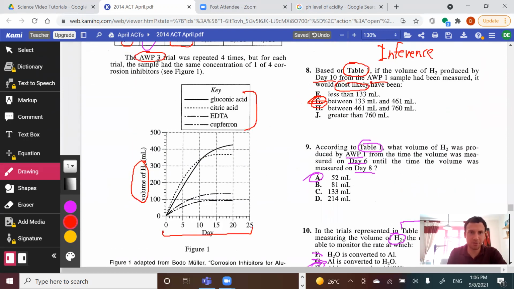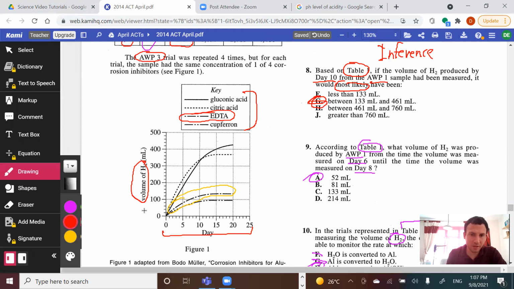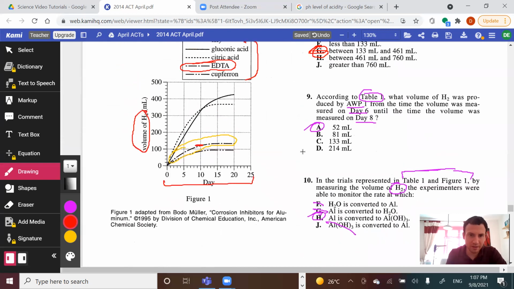This is the AWP3 example throughout this trial, and we're looking for EDTA. If we look carefully, it's this line right here. We want to know when it gets to 121, by what day. It looks like around day 10 is when it gets to 121, and then it levels off. If we wanted to double check, day 7, yeah, we're below 100. So it's definitely going to be day 10.